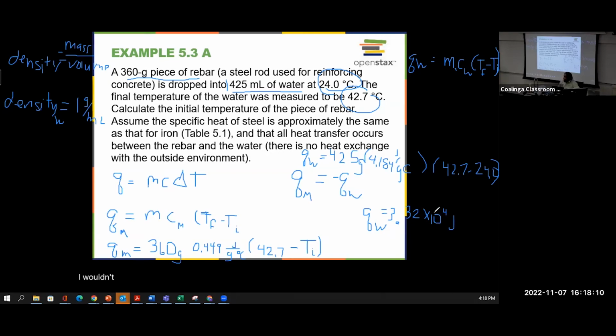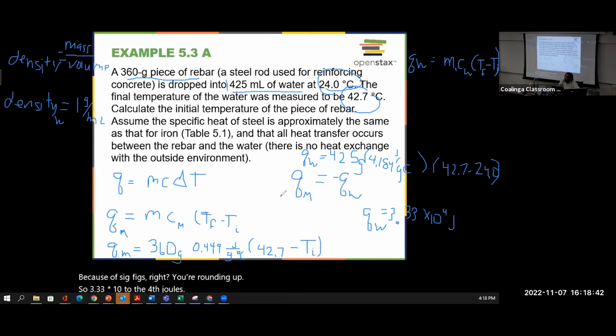So be it. 3.32. Oh, yeah, right. That's the sig figs, right? Yeah. Okay, so 3.33 times 10 to the fourth joules.